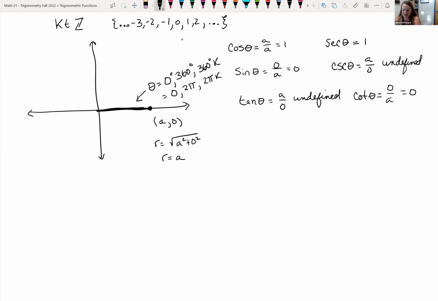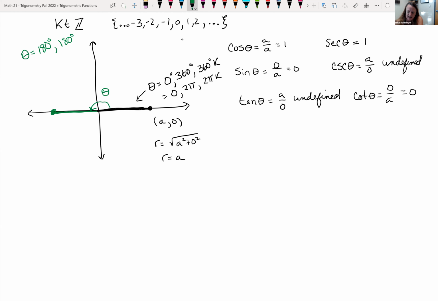Okay, so that's if we're on the positive x-axis. Maybe we should just go over to the negative x-axis now. If we went to the negative x-axis, this time our theta could be, if we're going from standard position, 180 degrees, or 180 degrees plus 360, a full rotation from 180 degrees, or we can do multiple rotations.